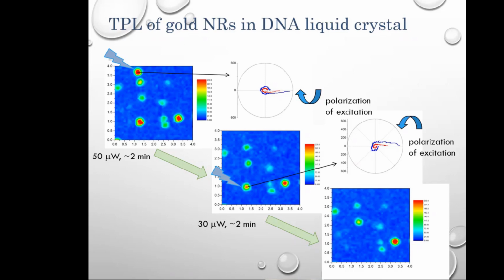We concluded that, once we had a very thin layer of the DNA liquid crystal, we are actually able to move this nanoparticle around, which means we have a local phase transition of the liquid crystal, which changes the fluidity of the system and the ability of the nanoparticle to move around.